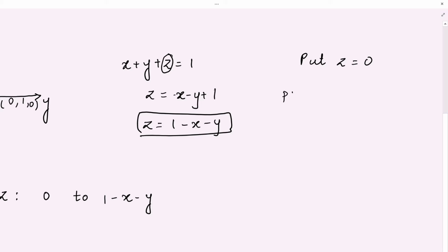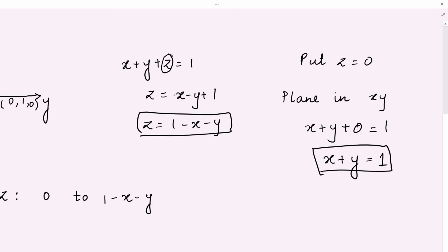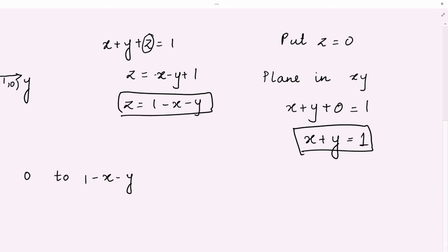So the plane which is in the xy plane will be given by x plus y equal to 1, clearly because z is 0. Right? So now from this you can find the value of y. The value of y will be 1 minus x.